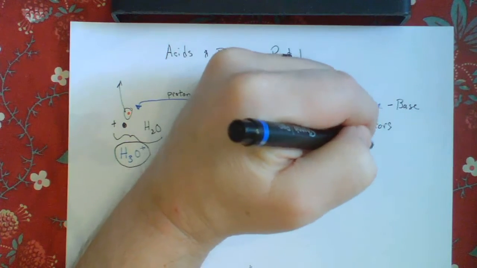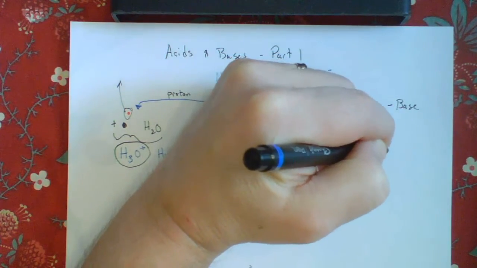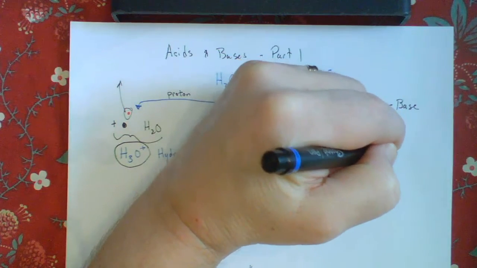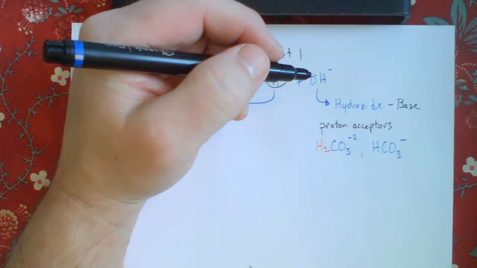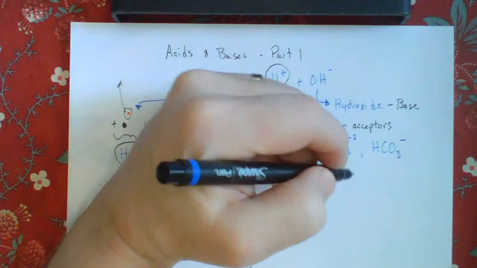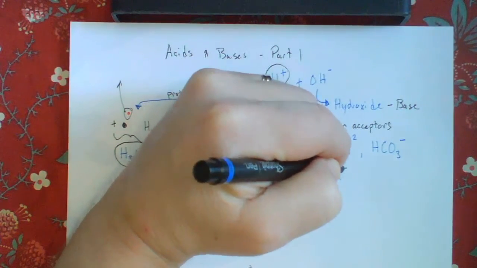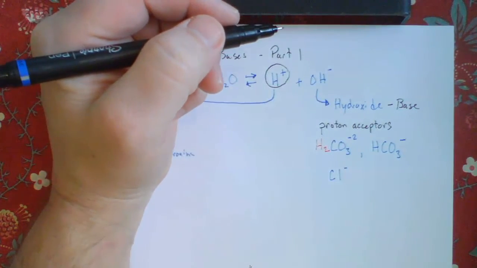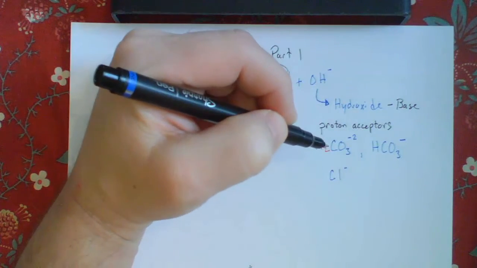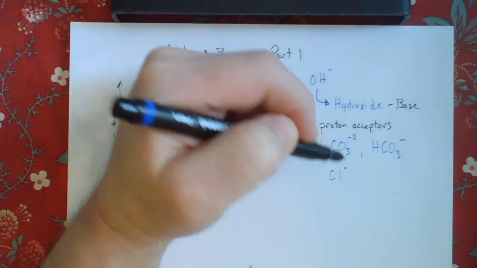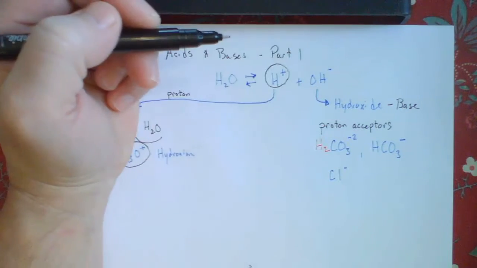Here's another one: bicarbonates. If we have a bicarbonate in solution, it will be a basic solution. Anything that has a chloride or any other halogen could be a proton accepting solution, which means it would also be a base. These are the ones we'll probably see most often.